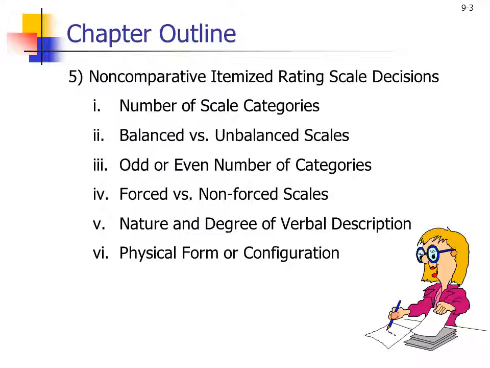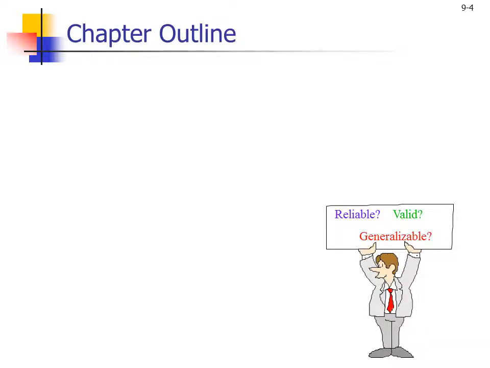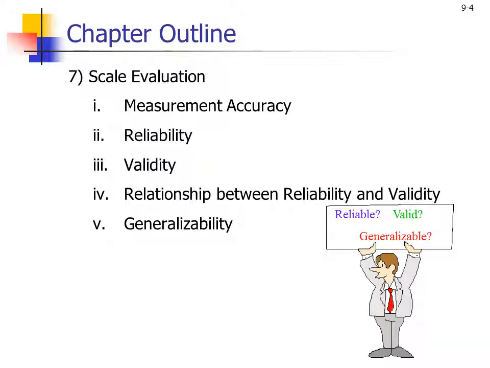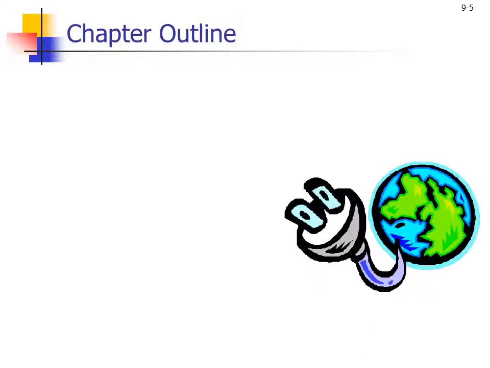Some decisions involved in the rating scale and the multi-item scales. Then the scale evaluation, including the measurement accuracy, reliability, validity, relationship between reliability and validity, then the generalizability, and choosing a scale technique.